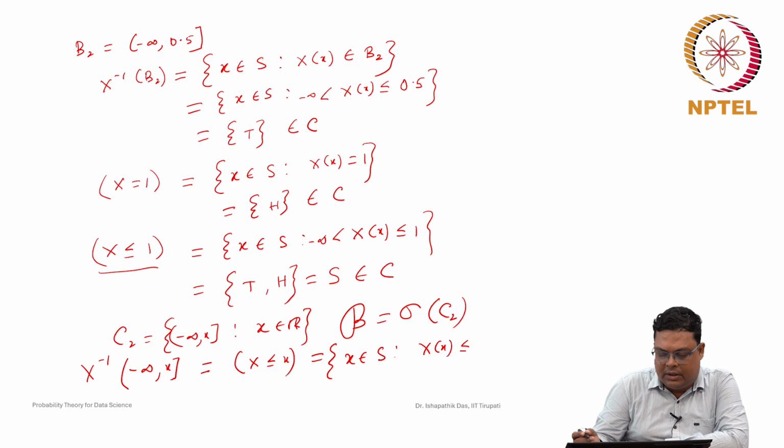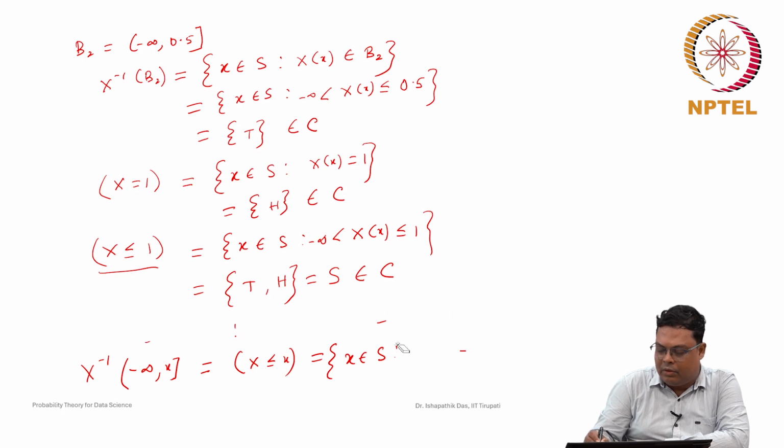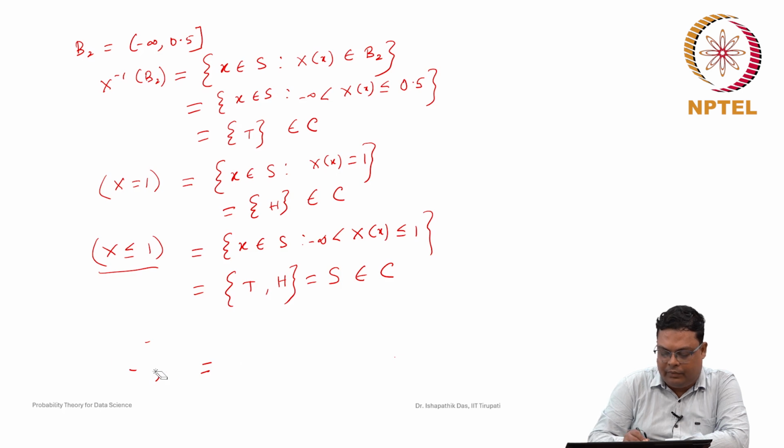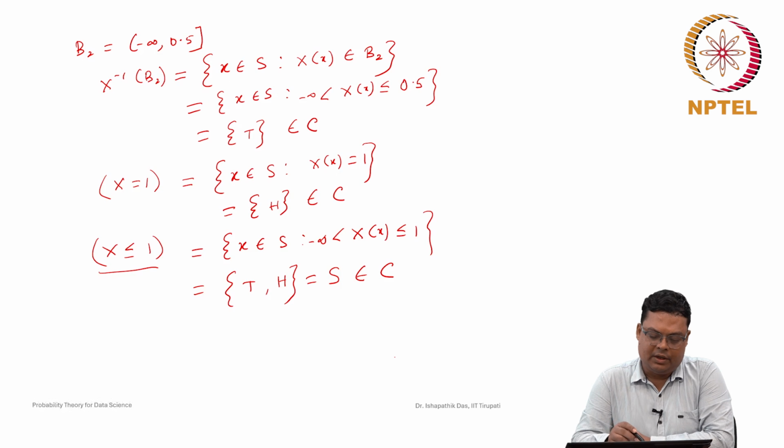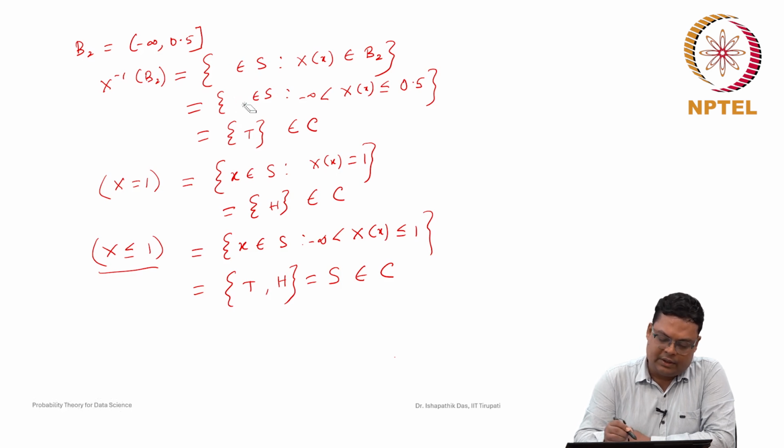Wait, there is a confusion, so sorry. Because we are denoting this x here in the real line, we need to use some different notation, otherwise there will be a confusion. It is better to take this notation, because x we took as a real number and any s belongs to S as an element.